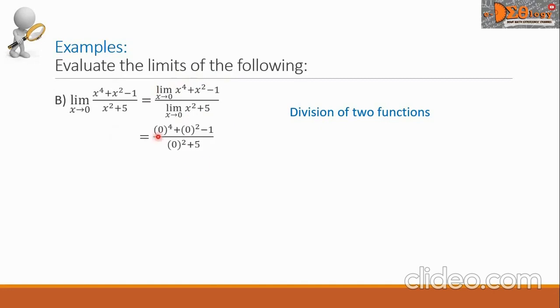So we have now 0 raised to 4 plus 0 squared minus 1 for the numerator. In the denominator, we have 0 squared plus 5. We can simplify this fraction into negative 1 over 5, and our final answer is negative 1 over 5.